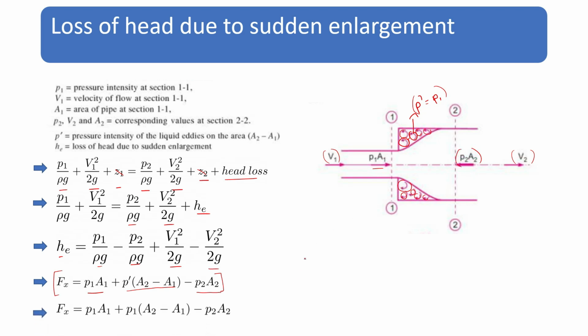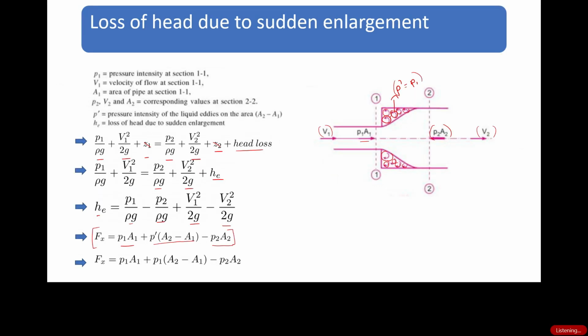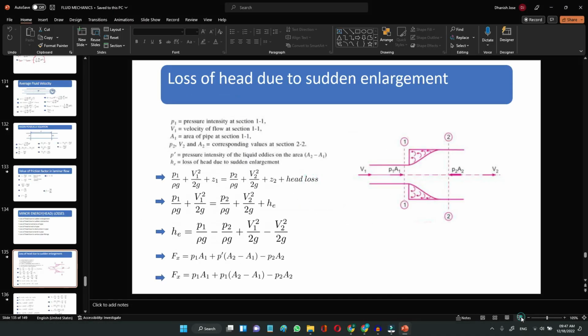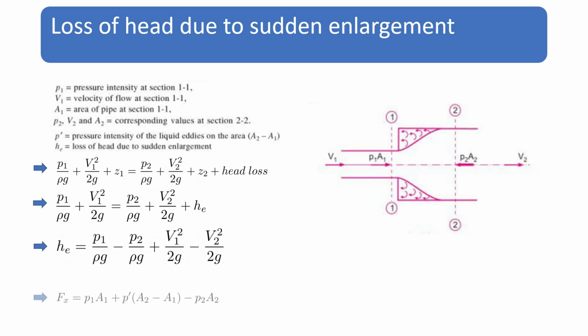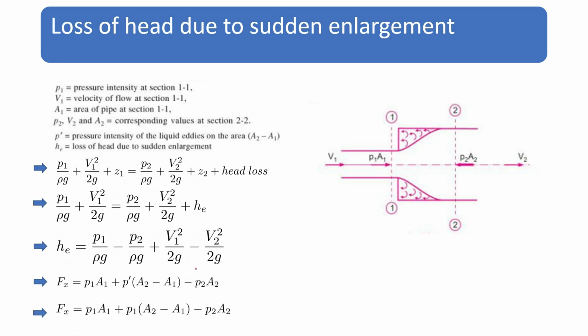So if you substitute for P dash, that is equal to P1, you will get P1A1 plus P1 into A2 minus A1, minus P2A2.